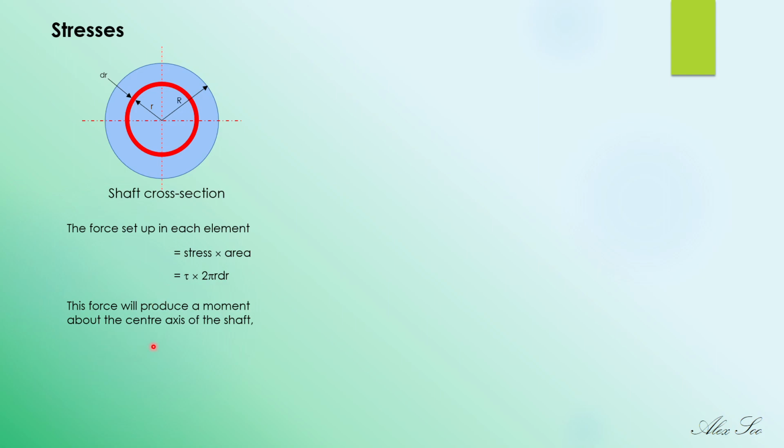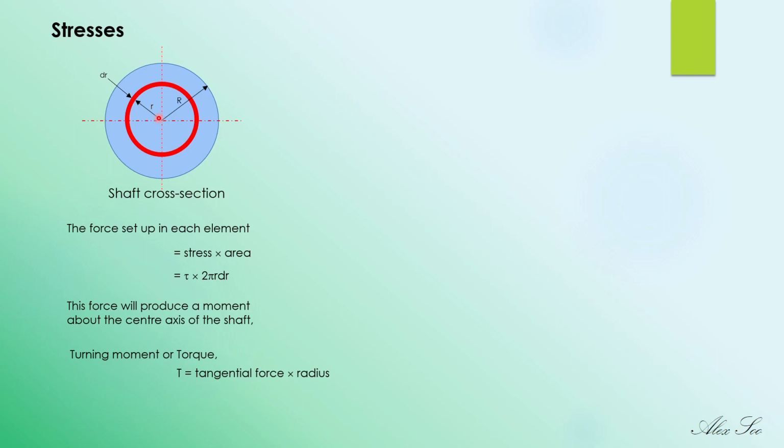Now this force will produce a moment. When we say moment, that means you have a force, for example, a force acting here, then multiply by the radius, you will get what we call torque, the turning moment. So turning moment or torque is defined as what? Tangential force multiplied by the radius.